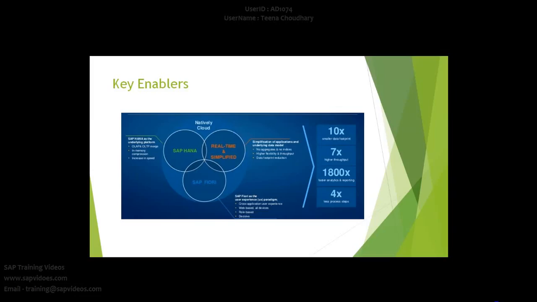It is just the additional benefit which allows users to have a better user interface. And the third one, which is more important to us as functional consultants, is real-time and simplified processes. Which tables will be affected? How will the processes be carried out in a better manner? What are the cockpits available from SAP for all these processes? That is exactly what we are going to learn. So these are the basic key enablers.